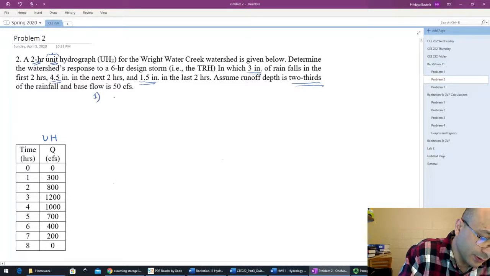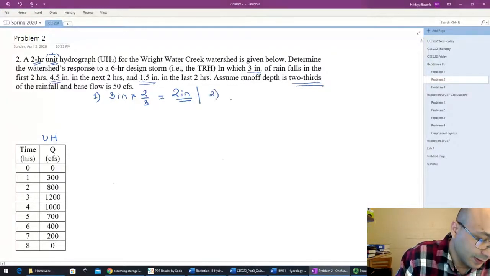For the first 2 hours you have 3 inches, so 2/3 of that is equal to 2 inches. So that's the runoff for the first 2 hours. For the second 2 hour portion, we have rainfall of 4.5 inches, and 2/3 of that is equal to 3 inches.